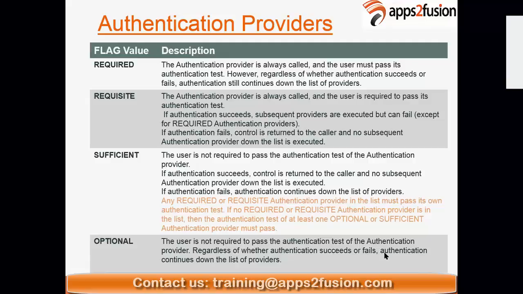If I don't have required, then at least requisite needs to succeed. And if I don't have required and requisite, at least my sufficient needs to succeed, or optional. With optional, the user is not required to pass the authentication test. Whether it succeeds or fails, the next provider will be taken. If this is the last, then the request will go back. But in case you don't have required and requisite, the user needs to pass at least one of sufficient or optional.